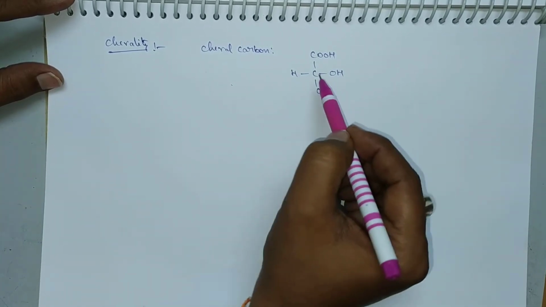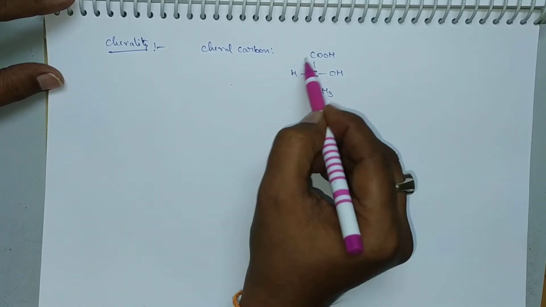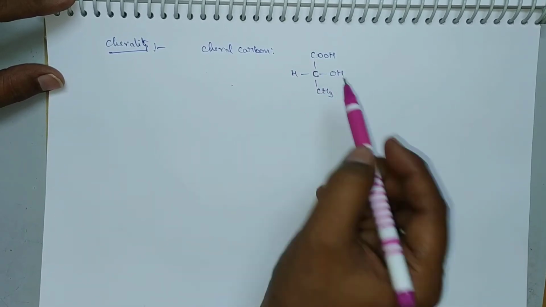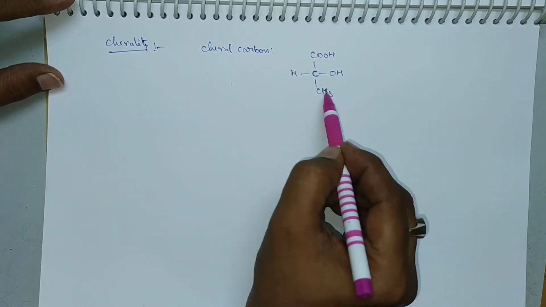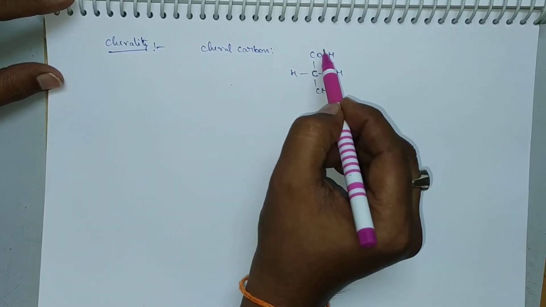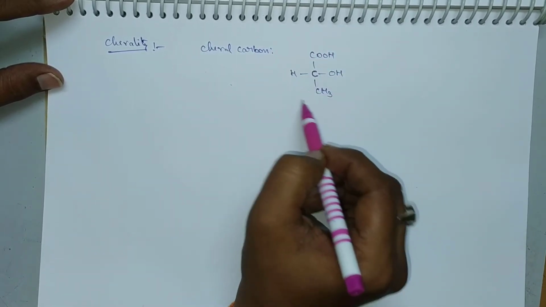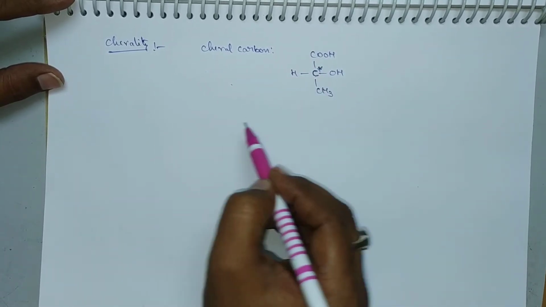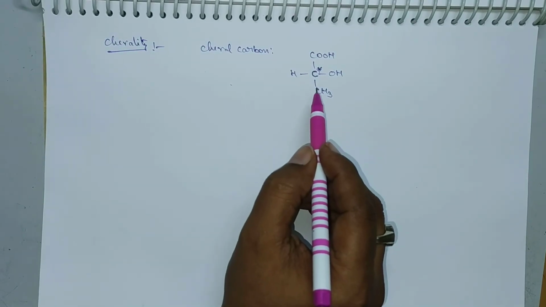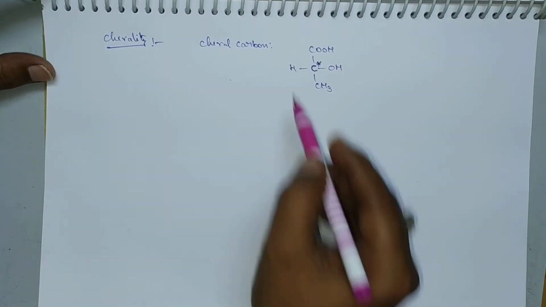In this lactic acid, this carbon possesses 4 different atoms or groups: a hydrogen atom, an OH group, a methyl group and a COOH group. So that's why this carbon is called a chiral carbon, and it is represented with a star.